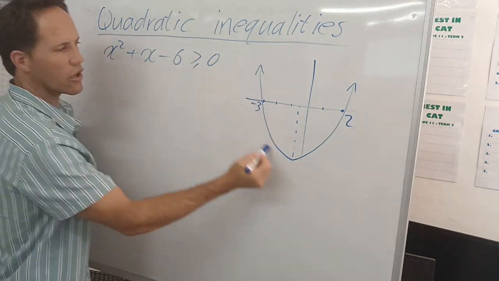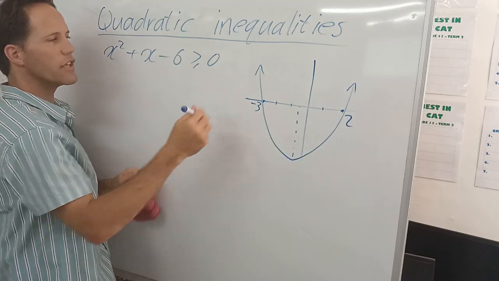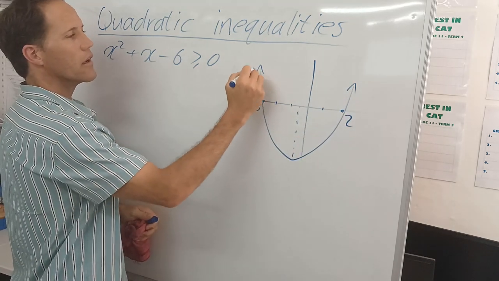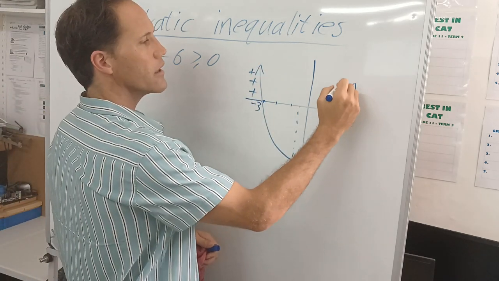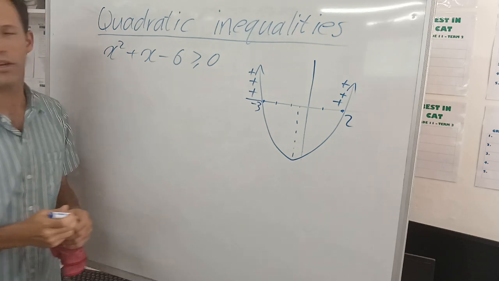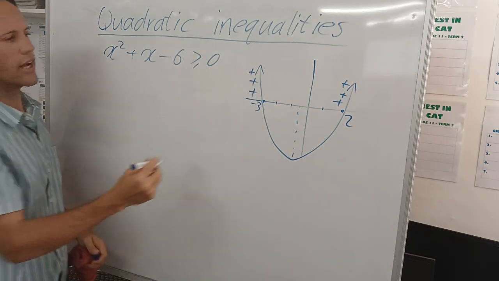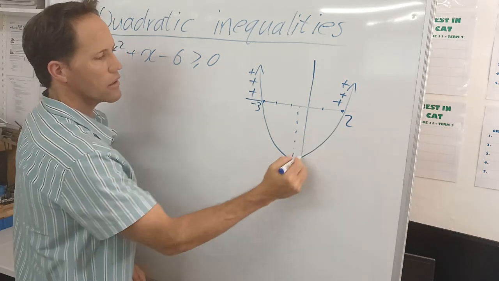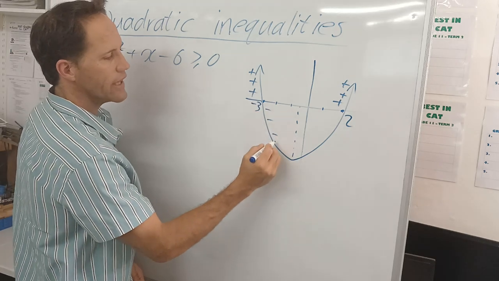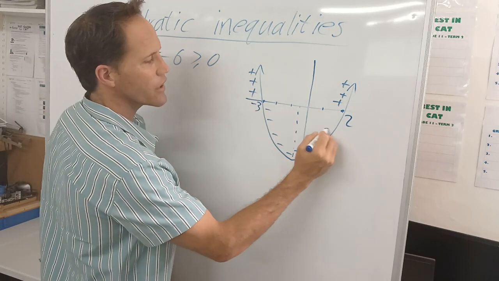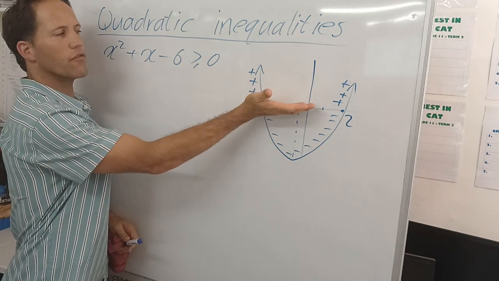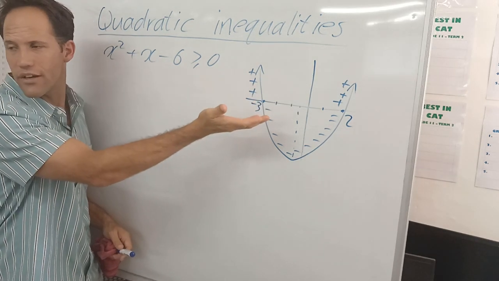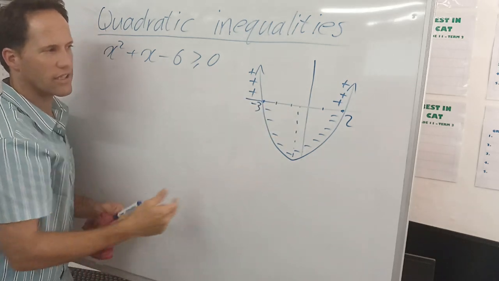If you look at the graph, this part here is where the graph is bigger or equal to 0, and this part here too. It's positive. And this part in the middle is where the graph is negative. That is very important to understand. The graph is negative, which means smaller than 0, when it's below the x-axis.